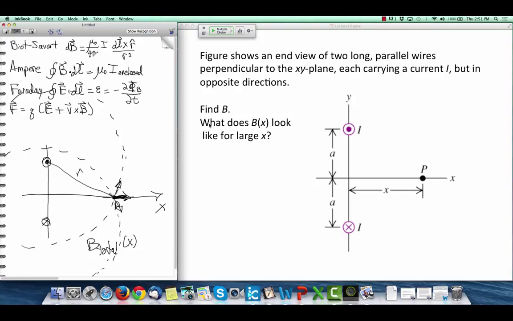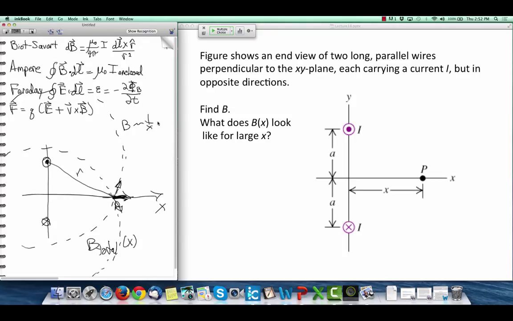We're looking for how it varies with x. Does it drop off linearly? Or, sorry, if it drops to 0, does it go like 1 over x? That drops to 0 when x goes to infinity.